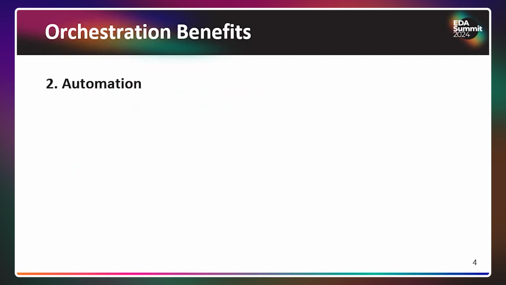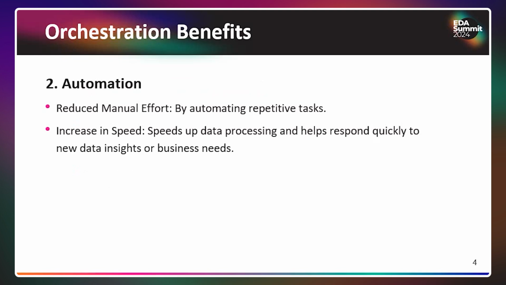Another thing you can highlight is automation. You reduce manual effort by automating repetitive tasks, and you increase speed because you speed up data processing and respond quickly to new data insights or business needs.